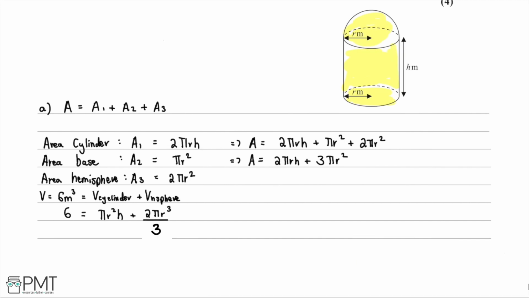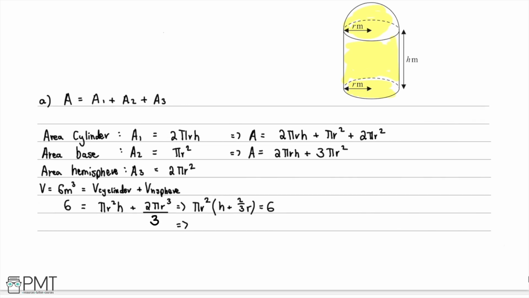And we know that this is equal to 6 because that's what we're given as the volume. So on the right hand side, we can take a common factor of pi r squared out, and that leaves us with h plus 2 over 3 r. And that's equal to 6.